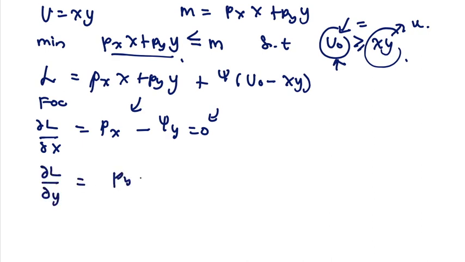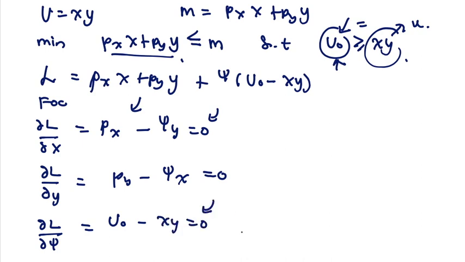You get py minus cx, equate it to 0. This is the second first order condition. And don't forget to differentiate the Lagrangian function with respect to c, the multiplier. Then we get something like this: u naught minus xy equals 0. So the constraint here is binding so that we can do the calculation.